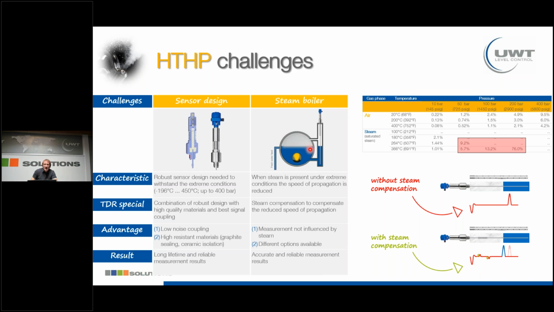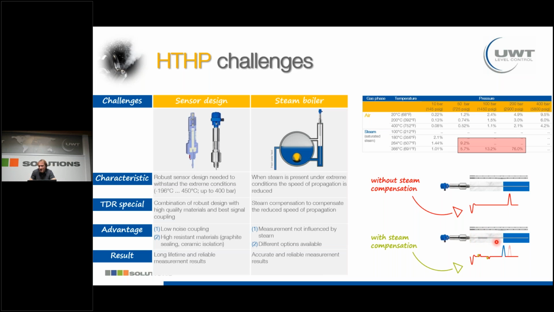In steam boilers, we have another challenge, which is the steam. Steam in combination with high temperature and also high pressure has, in a certain area, a big influence on the speed of propagation. So what we do here is we have a special feature called steam compensation. With this feature, we can eliminate this reduced speed of propagation, because we're getting a smaller tube around the probe.